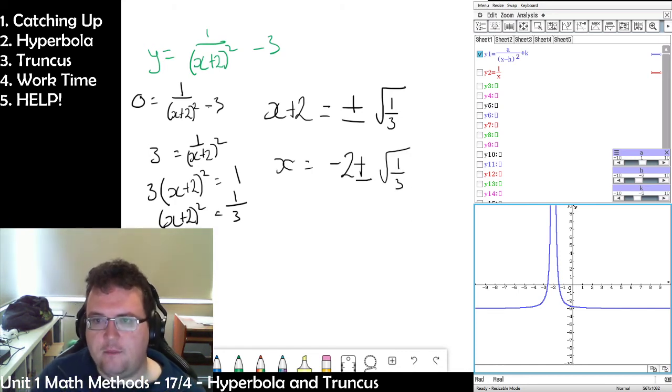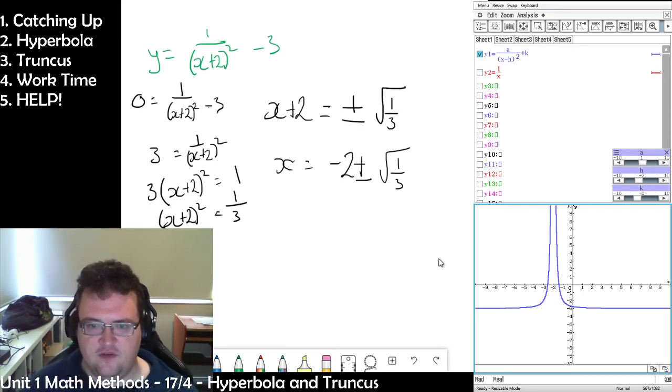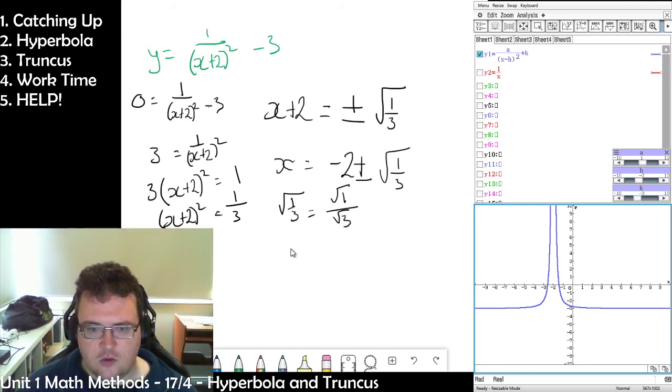Now, if you guys remember back to the square root things I asked you to do at the end of last term, that 1/3 square rooted can be simplified. If you remember, the square root of 1 over 3 is equal to the square root of 1 over the square root of 3, which means it's 1 on root 3.